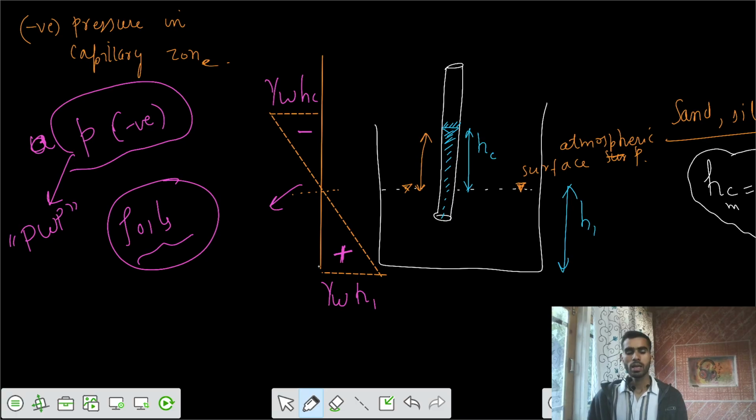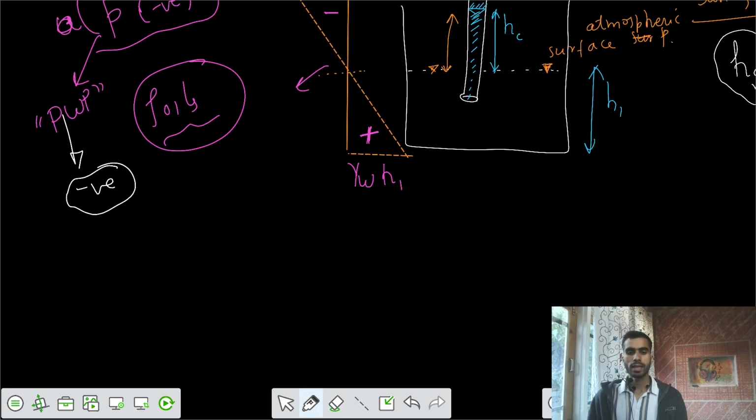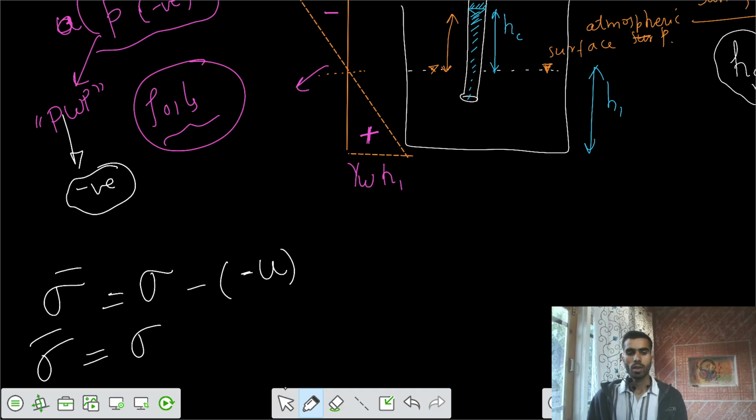So the pore water pressure would be negative. We say effective stress is total stress minus pore water pressure. If the pore water pressure is negative, that means your effective stress is more than the total stress. So your effective stress increases because of capillary action.